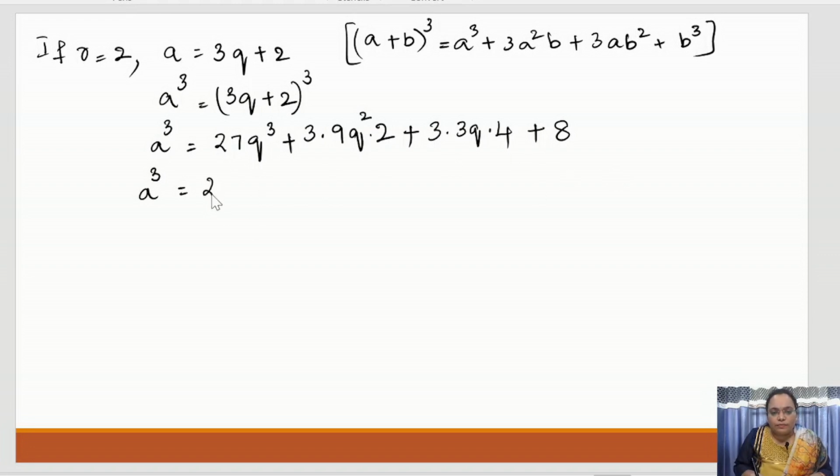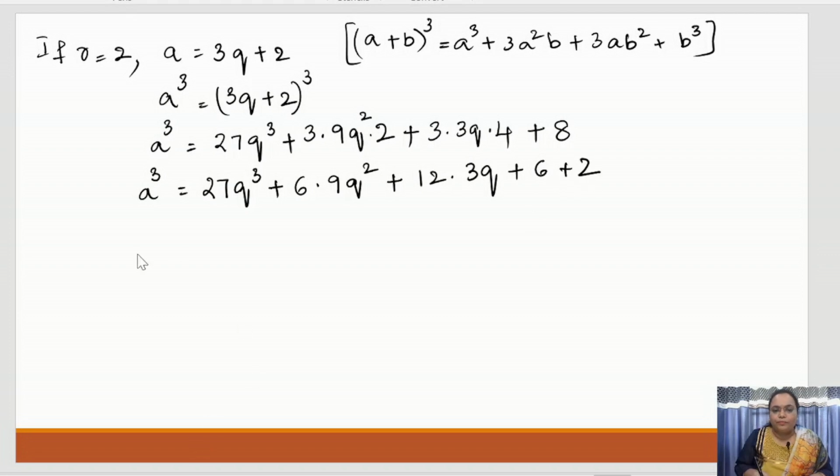A cube is equal to, now see here, this will be 27q cube plus 6 into 9q square plus 12 into 3q plus 8, which can be written as 6 plus 2. Okay.